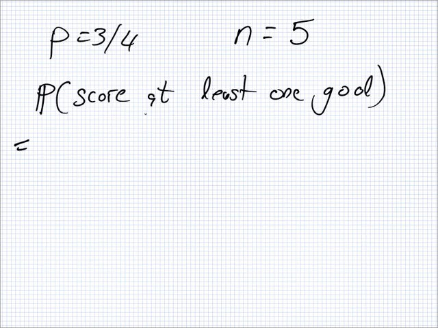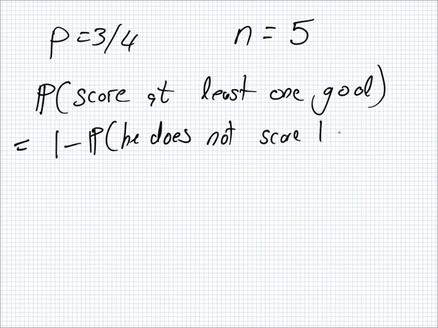So, probability he scores at least one goal. That's 1 minus the probability that he does not score one or more. So if you don't score one or more, how many did you score? Yeah, you scored 0. Score at least one goal: 1 minus the probability he does not score one or more.